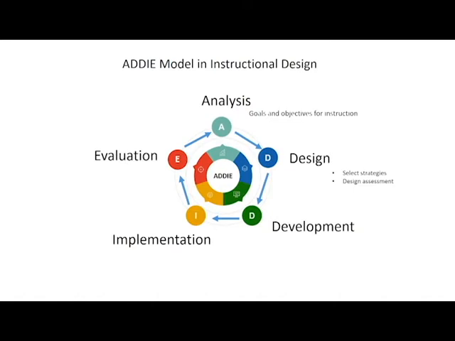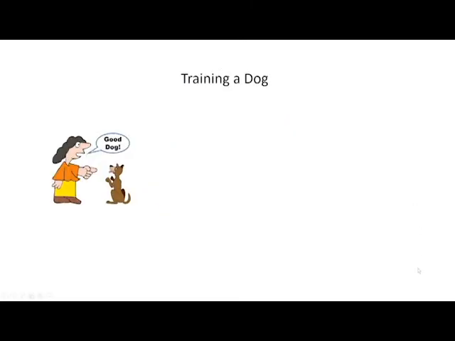However, as we work on selecting strategies and designing assessment, we may find that the goals and objectives previously defined may not fit well for the entire process. As a result, further refinement or modification of the goals and objectives are required. This can happen in the development part, implementation, evaluation.